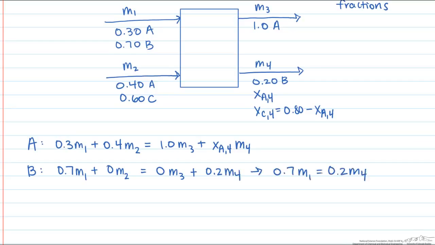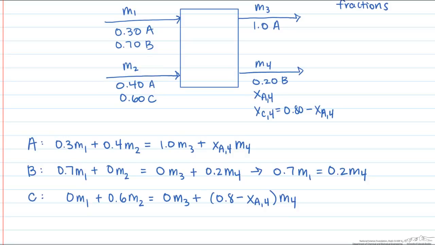Now our C balance, in which nothing is in M1. C is 60% of M2. And coming out, we have 0.8 minus x sub a times our M4. These are our three component balances.